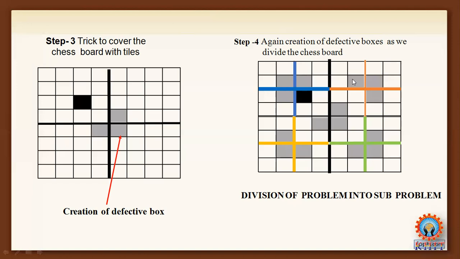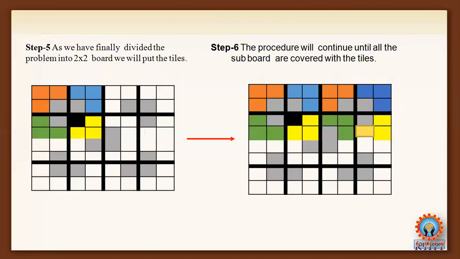Why do we need to create these artificially? Because to solve the problem, in each chessboard one square should be defective so that the rest can be filled with a tromino, an L shape. That's why we did this.